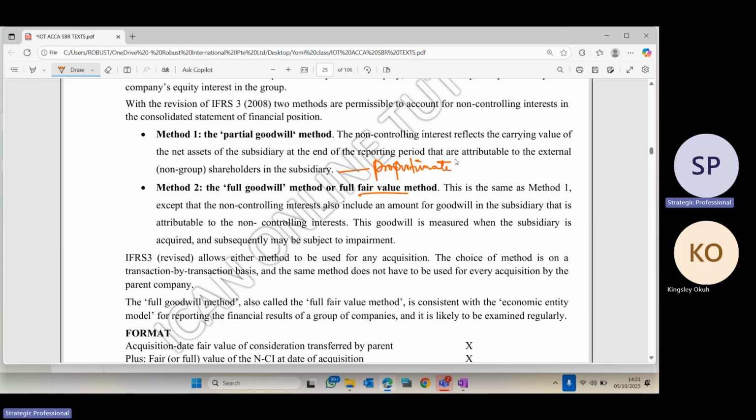According to IFRS 3 as revised, it actually allowed either method to be used for acquisition.